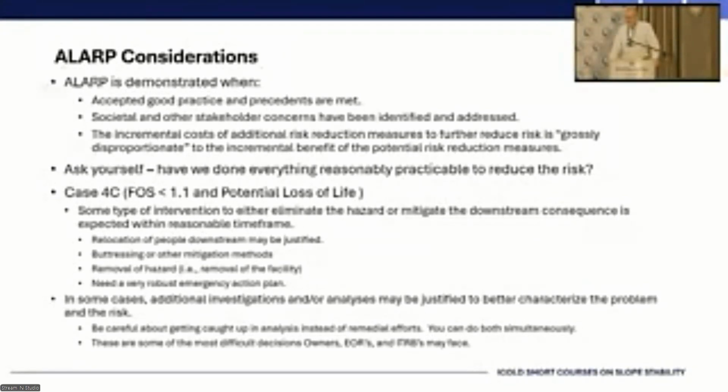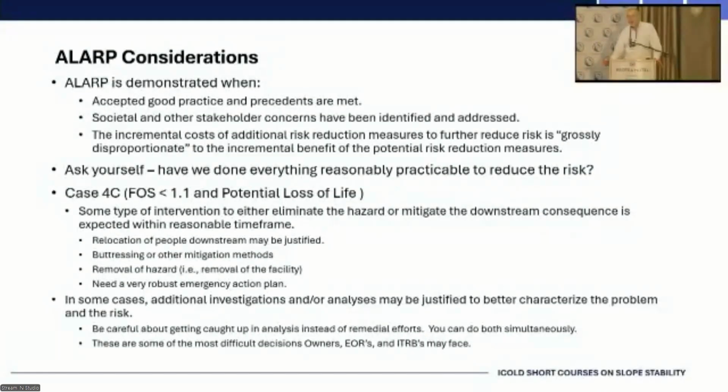So there are things that can be done, and if you're in one of these situations where you have an increased likelihood of a failure that's going to cause harm to people and potentially loss of life, you need to evaluate the different alternatives that there may be.